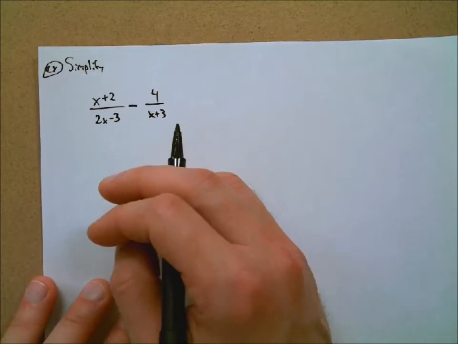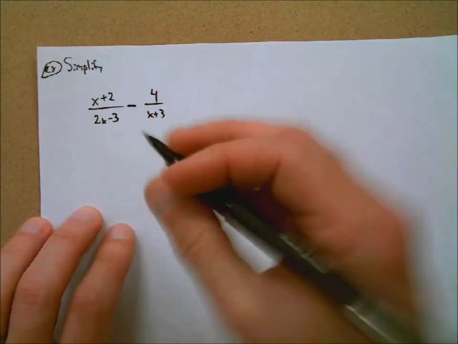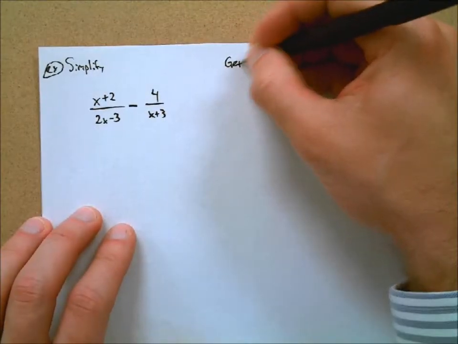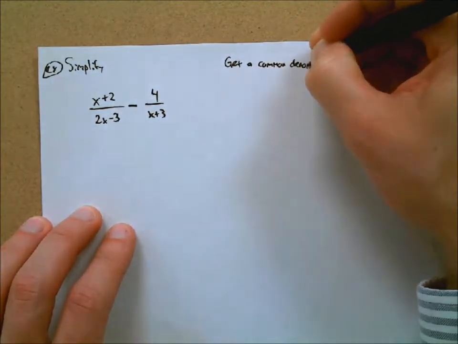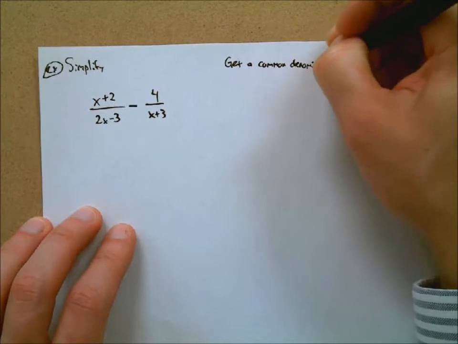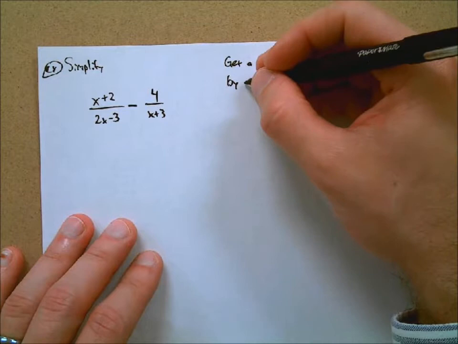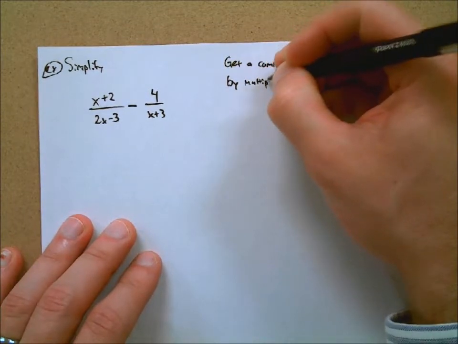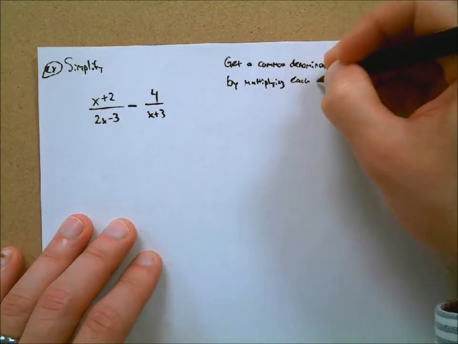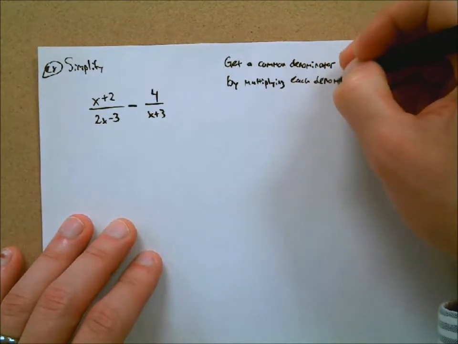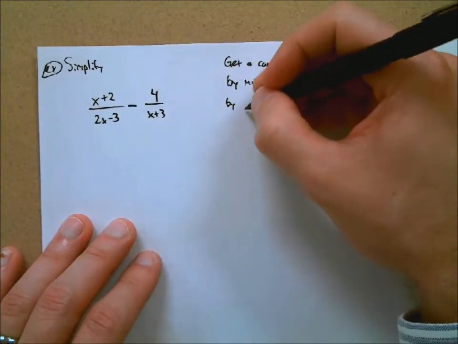So instead, we have to revert to a default way, which is you can get a common denominator by multiplying each denominator by the denominators of the other fractions.